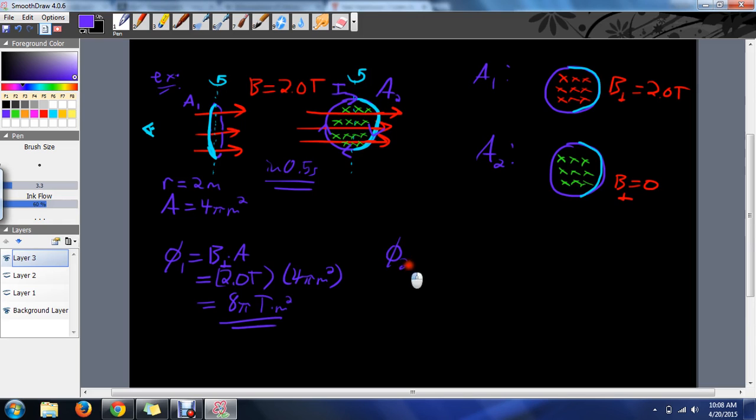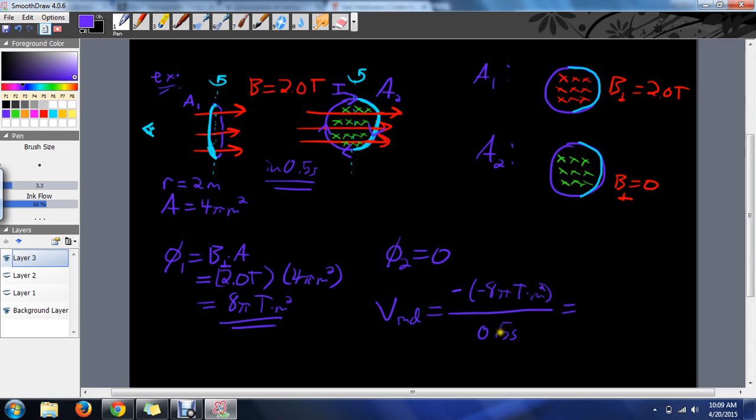So flux 2 is 0. So my V induced is going to be negative change in this. So notice how the change is going to be negative 8 pi over 0.5 seconds. 8 divided by 0.5.